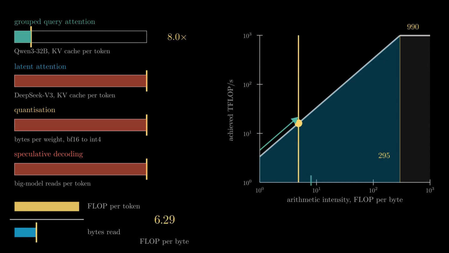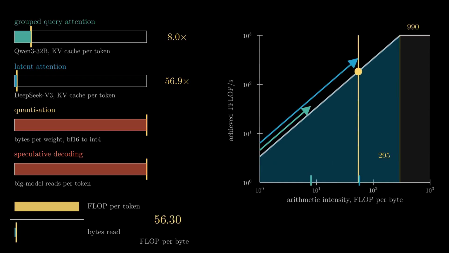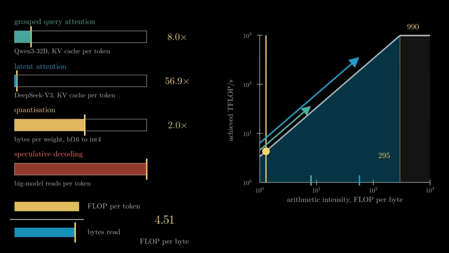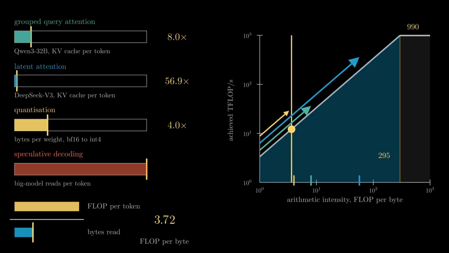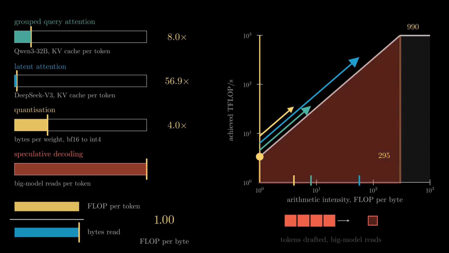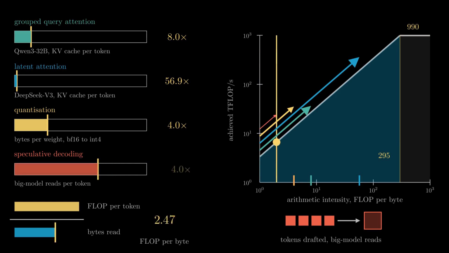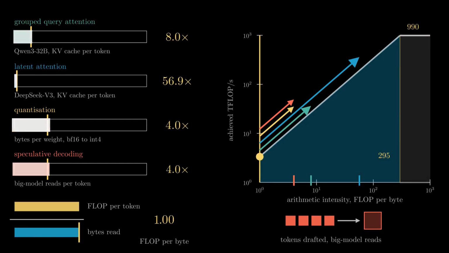Grouped query attention reads fewer bytes. Latent attention reads fewer bytes. Quantization, storing your weights in 8 bits or 4 instead of 16, reads fewer bytes, and speculative decoding reads the big model's bytes less often by guessing ahead with a small one.